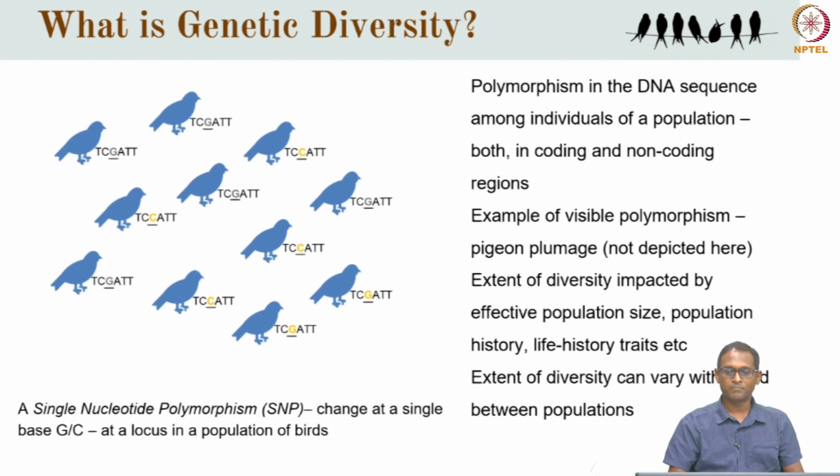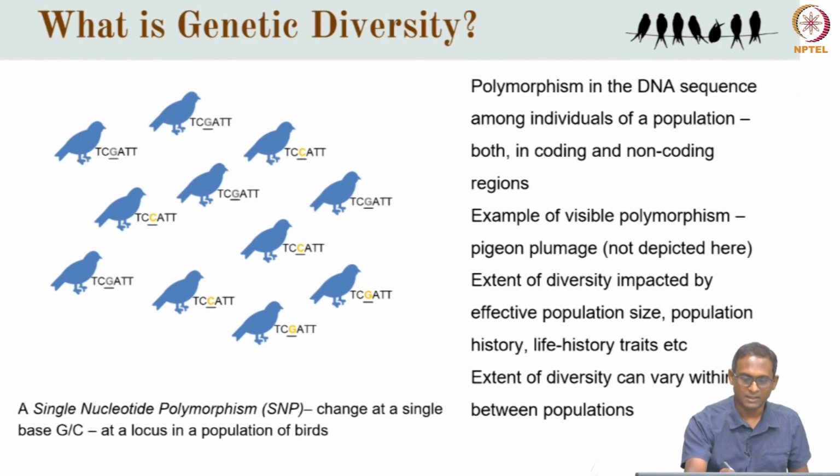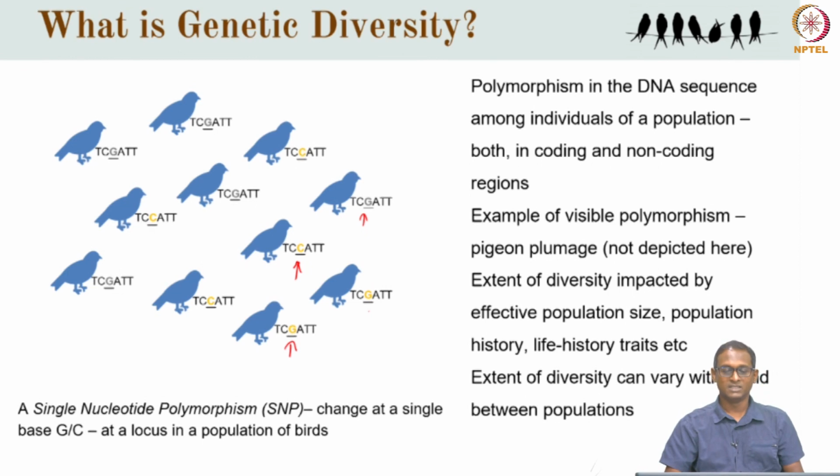And you note that in all of them they differ from each other at one single location, at least that's the one that we are indicating here, right? That one, that one, that one.